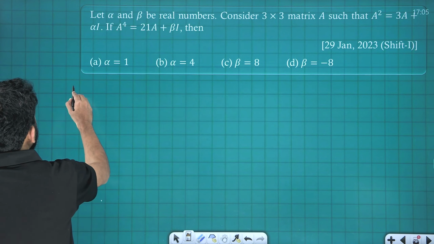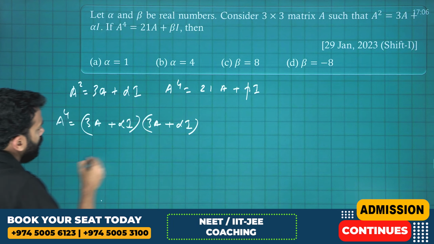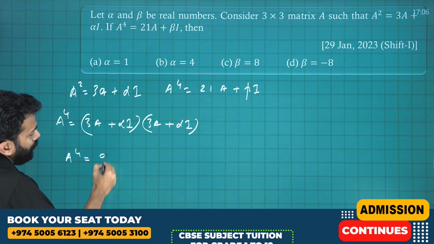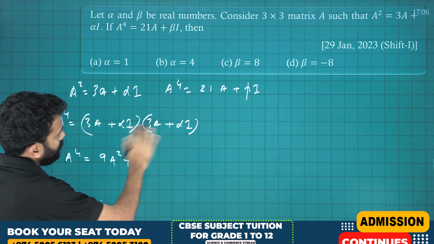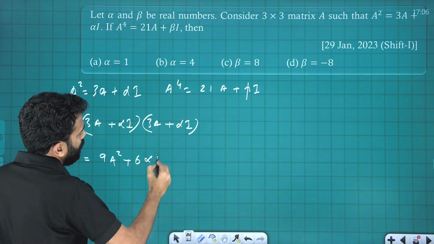In the previous problem we needed to obtain A square. It's not like that here. It's easy. So I am finding A raised to 4. We know that is A square into A square, that is 3A plus alpha I into 3A plus alpha I. So A raised to 4 is equal to 9A square plus 6 alpha A plus alpha square I square, which is I. We need to convert this in terms of A and I only.